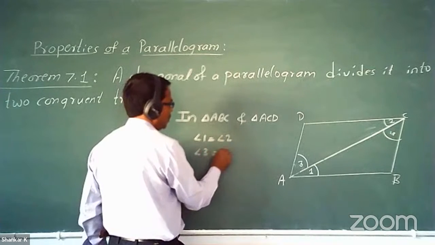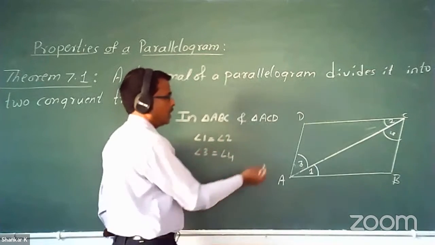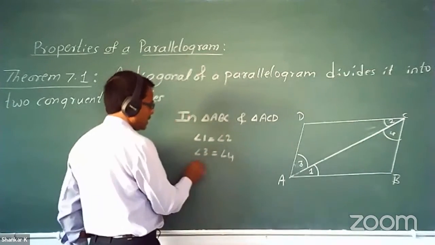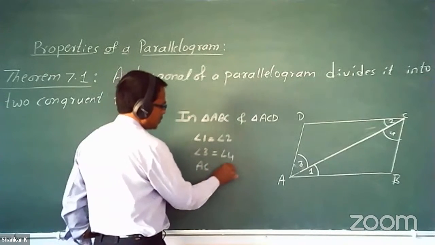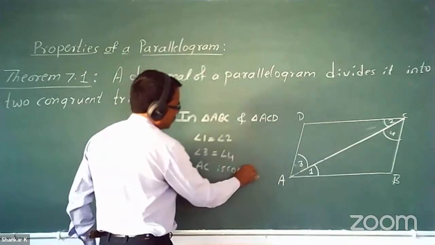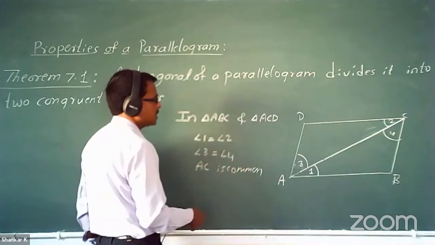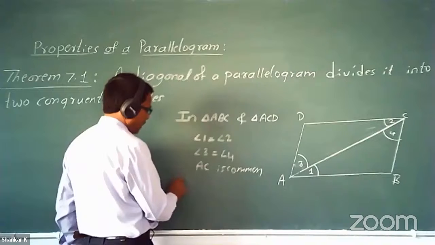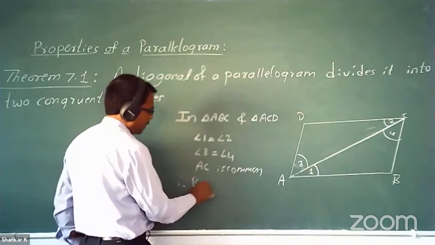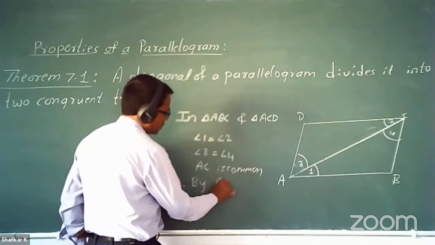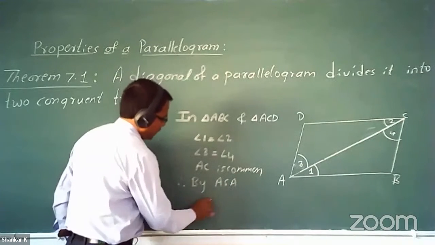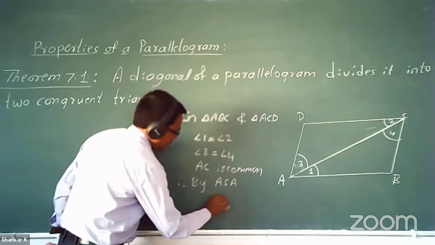Angle 3 equals angle 4, alternate angles. AC is common. Then both the triangles are congruent by angle side angle.